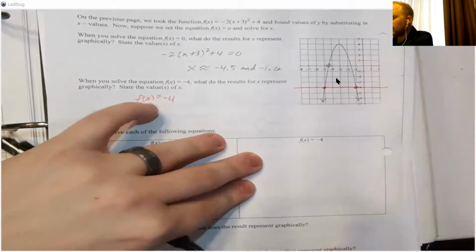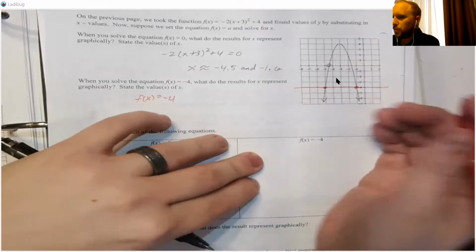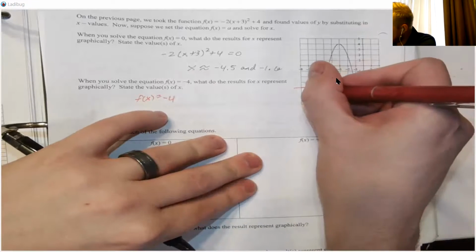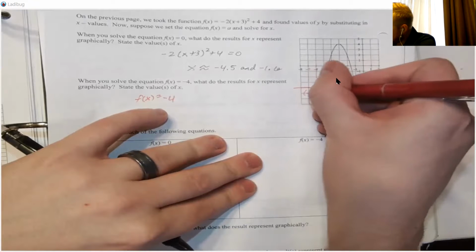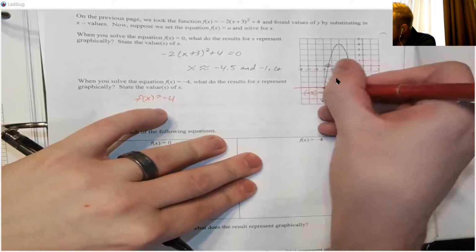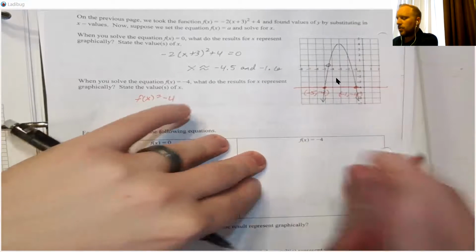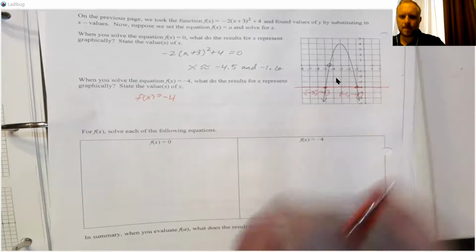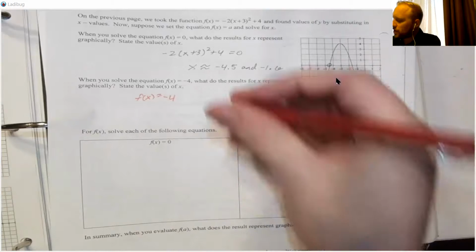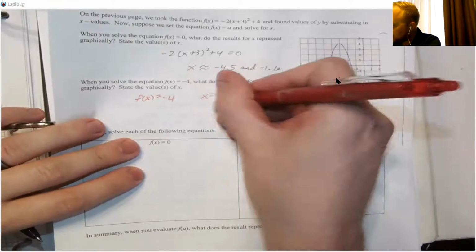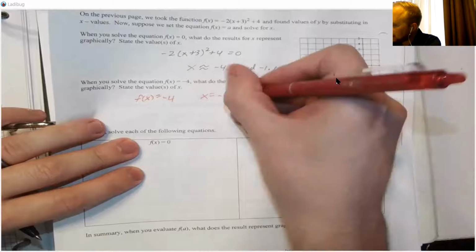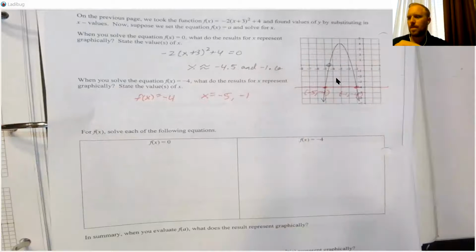It's occurring at those 2 points, and those 2 points look like they're at (-5, -4) and (-1, -4), which we had done earlier. Okay, so those are the 2 values. We know that those x values would be -5 and -1.